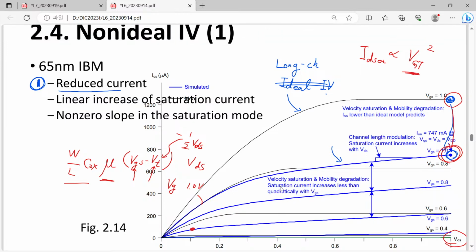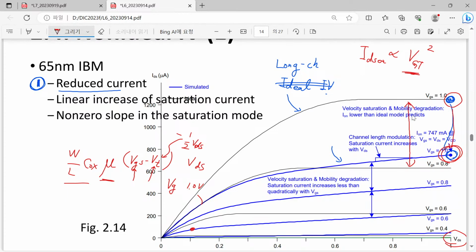Let me explain a little bit more. When you measure the difference between this saturation current, wow, that is huge. And when you measure the difference between this and that, it is reduced, and this and that, it is even smaller.